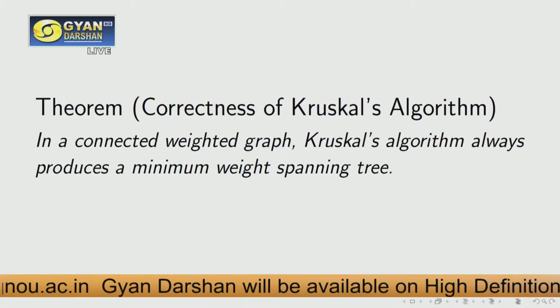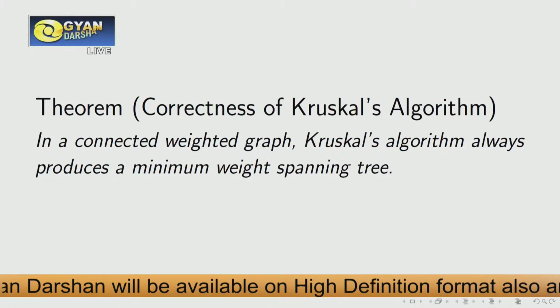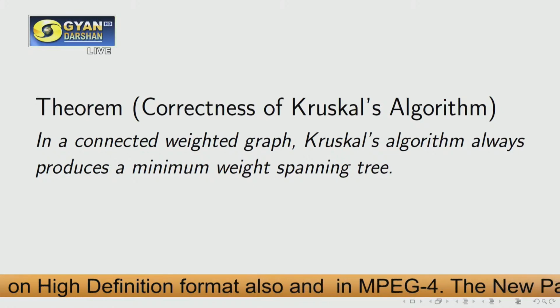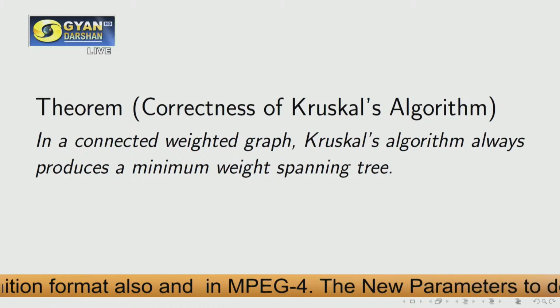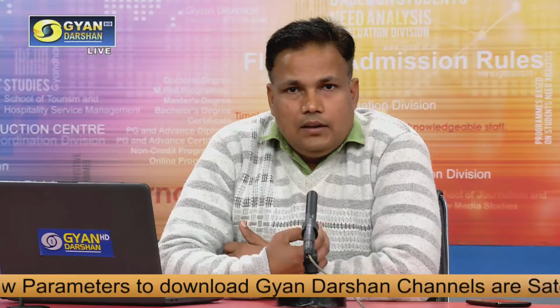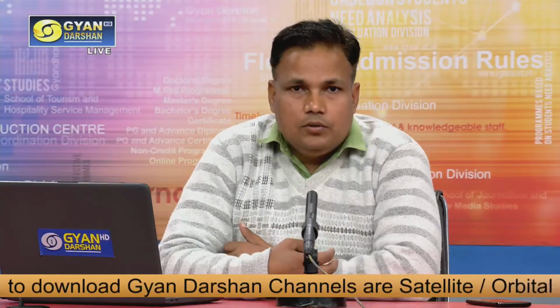So why does the algorithm work correctly? The statement is, in a connected weighted graph, Kruskal's algorithm always produces a minimum weight spanning tree. Okay, now how to prove this algorithm? We shall actually start with the output of the algorithm.